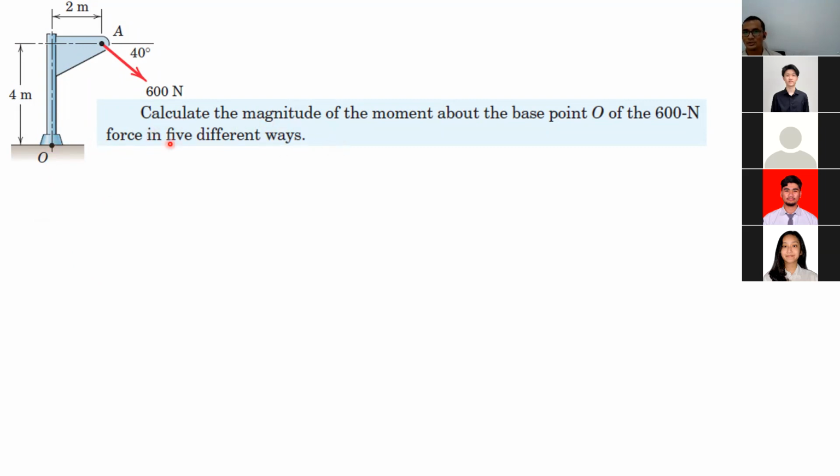You don't have to do all of them. Just try to calculate it using either the cross product or the perpendicular distance. Okay, anyone here want to try to do this?